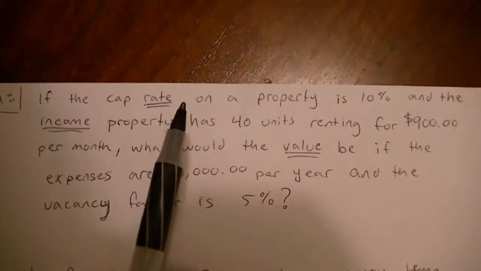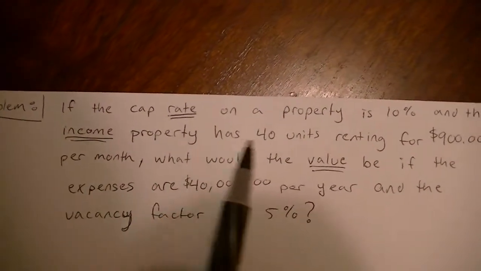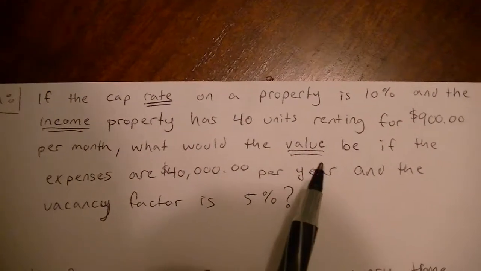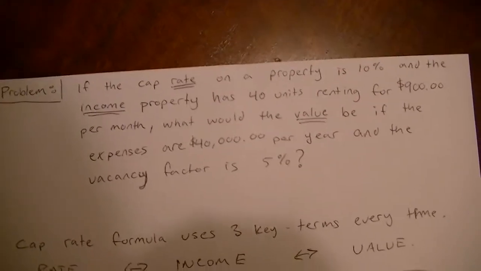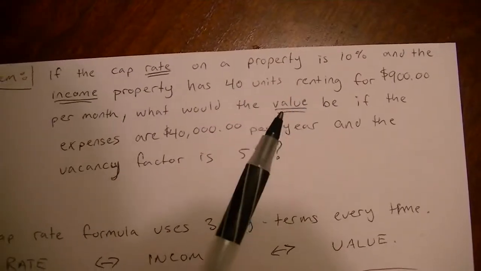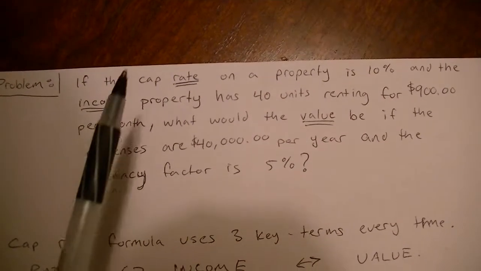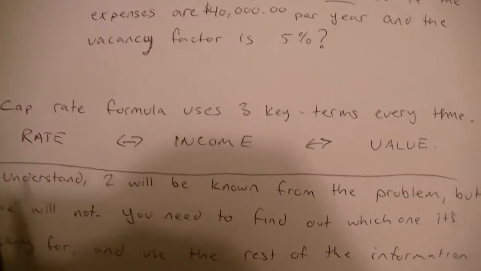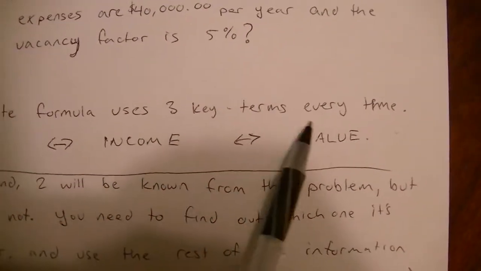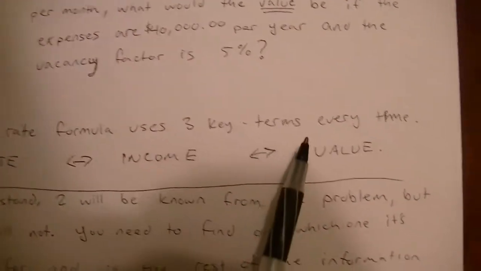For example, if it gave you rate and income, then you would be looking for the value, which ironically is the one that you're looking for in this problem. And the same thing goes for if it gave you the value and the income, then you would be able to find the rate. Okay, now the cap rate formula uses 3 key terms every time, as I already said: the rate, the income, and the value.